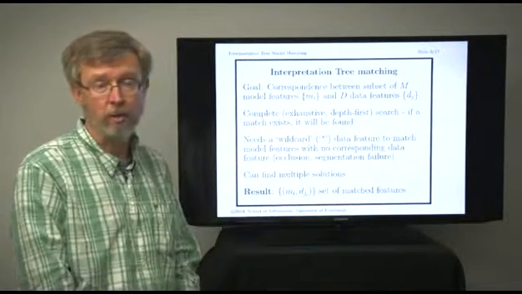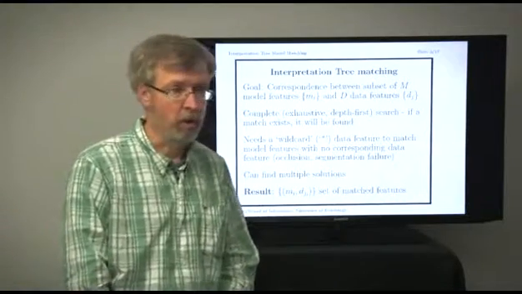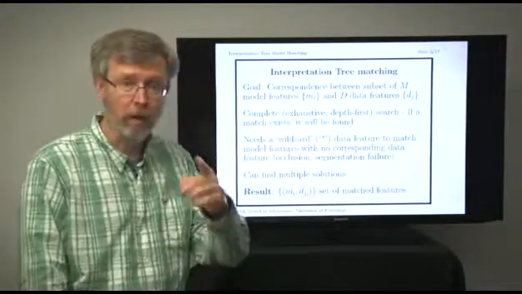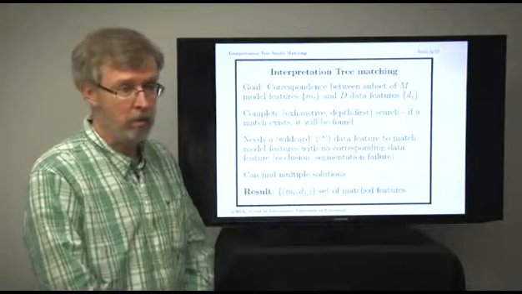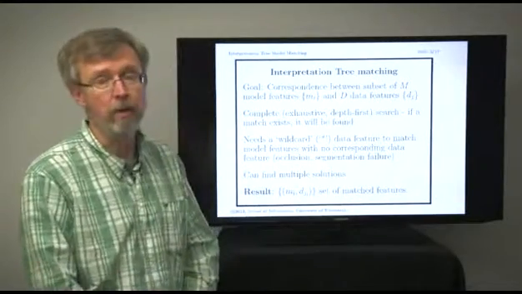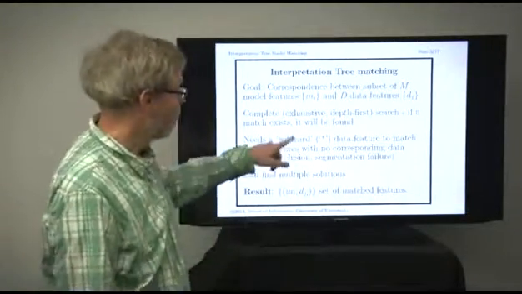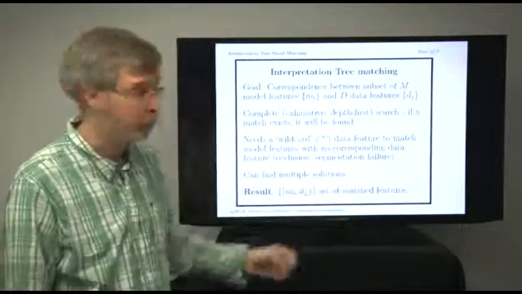Sometimes when we segment the edge, it gets broken up into too many small pieces, or sometimes maybe just a corner gets missing and then 2 edges get merged into one. The net result is we may have too many data features or too few data features. And so finding an exact match for one of the model features may just not happen.